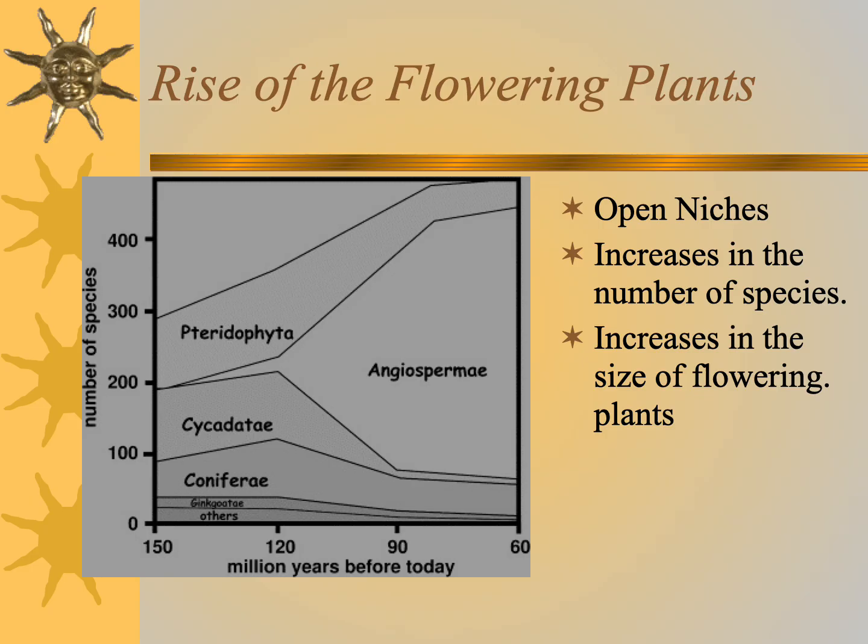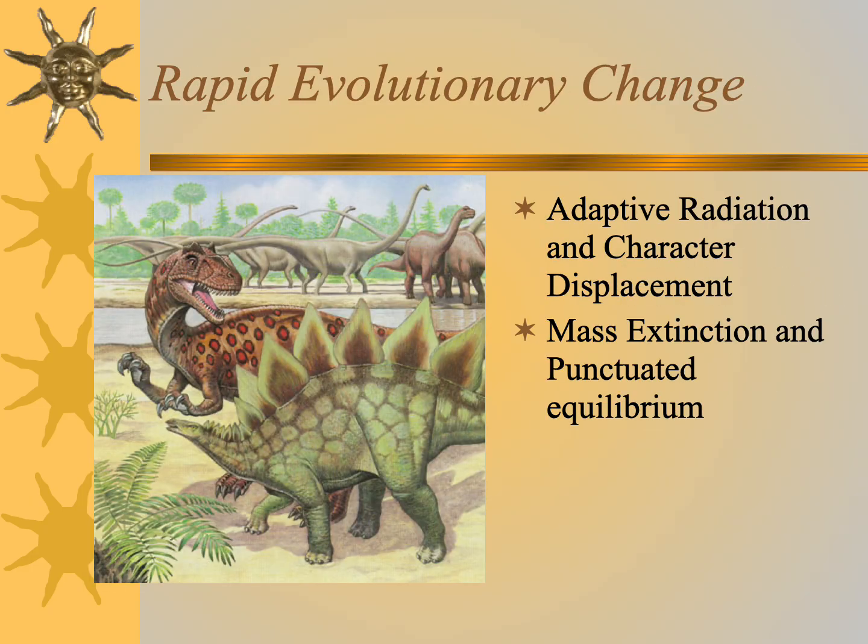And there were just a few flowering plants, hardly any at all. But after big disruptions to habitats, both 120 million years ago and 60 million years ago, we see that there was a decrease in the number of species, and the flowering plants, which are the angiosperms, became much more abundant. So this is what we talk about with mass extinctions, and these lead to adaptive radiations.